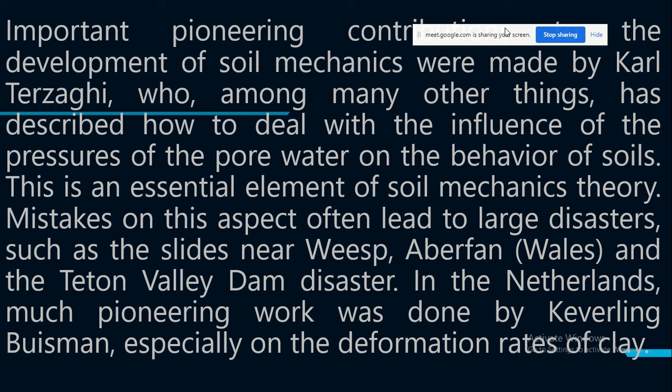This is an essential element of soil mechanics theory. Mistakes on this aspect often lead to large disasters, such as the slides at Aberfan in Wales, and Tetanal Valley. So some of these disasters came to be due to insufficient understanding of soil mechanics theory.